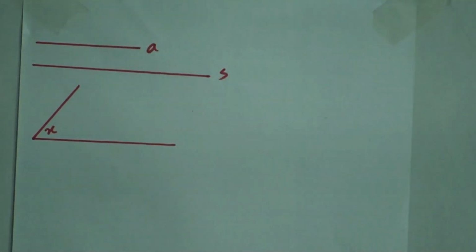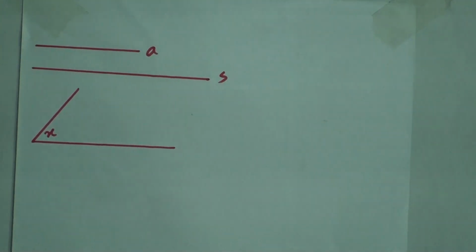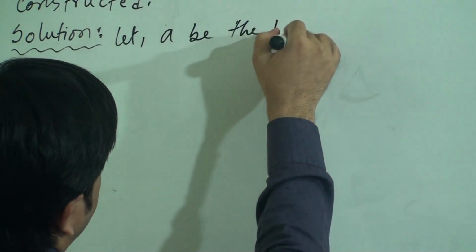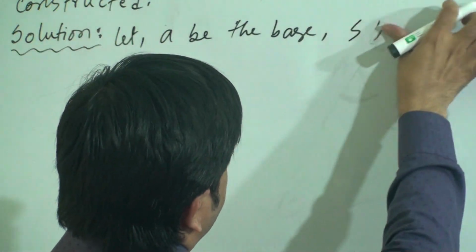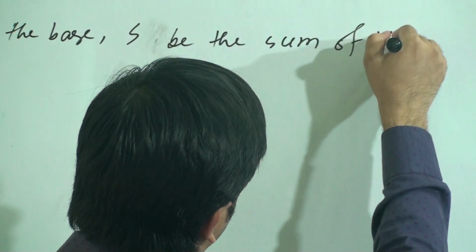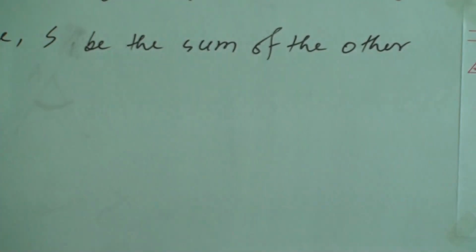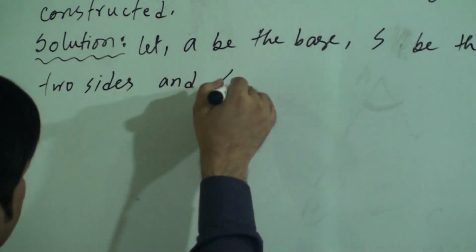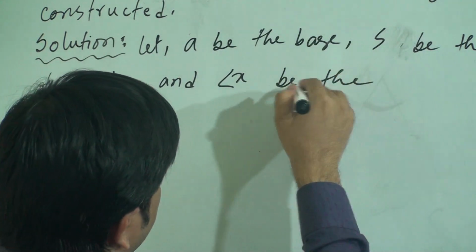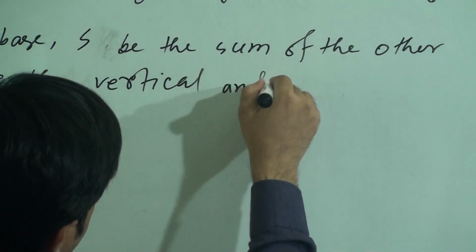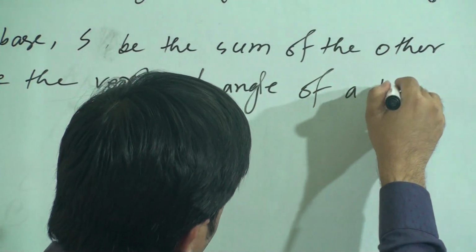To construct the triangle, at first we write our first step. First step: let A be the base, S be the sum of the other two sides, and angle X be the vertical angle of a triangle.